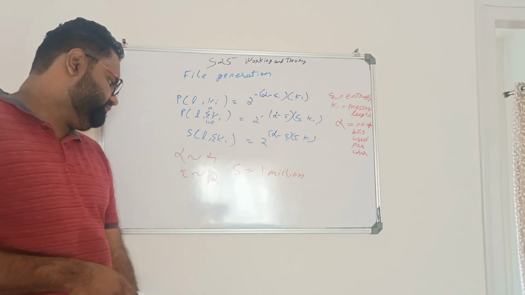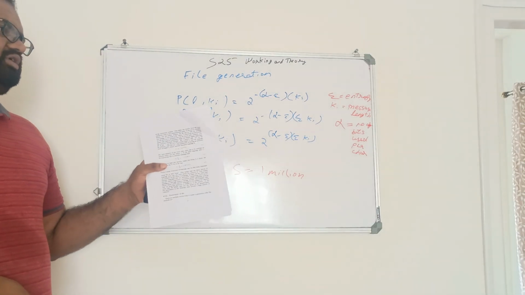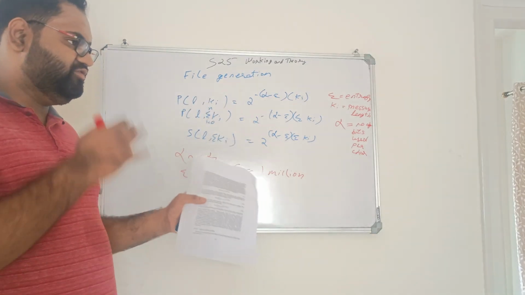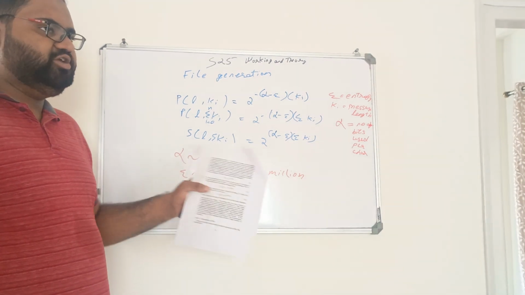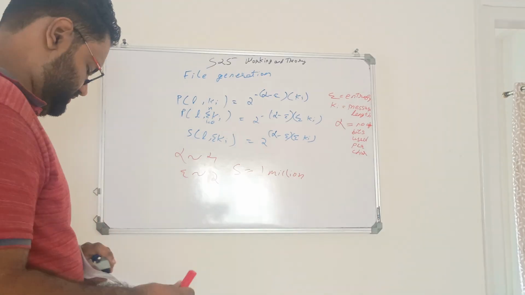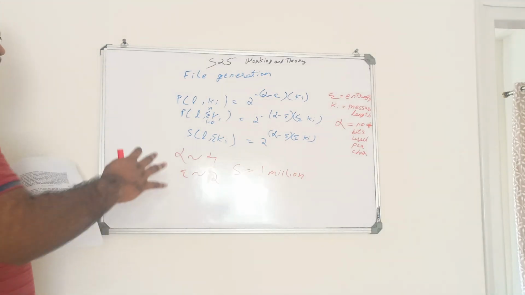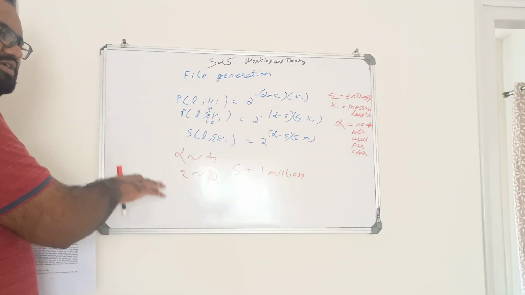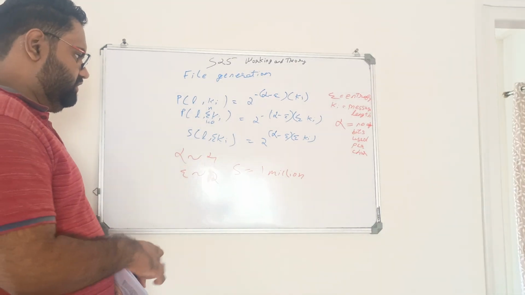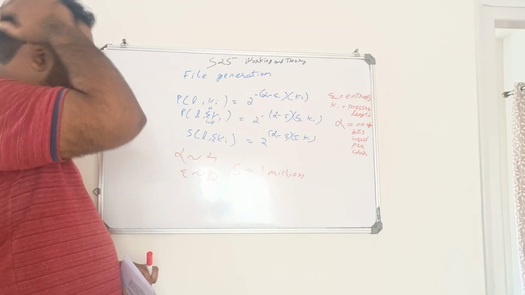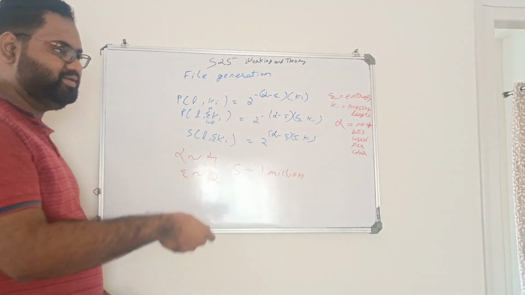So it basically means that for every character that I use or every word that I use is going to be 4 bit long, and epsilon or the entropy of the language is going to be 2 bits. Again, this is a very crude calculation, and this is supposed to be the lowest scaling possible using S25. We can prove it later on, and there is a reason why I'm not choosing 2 and 1.